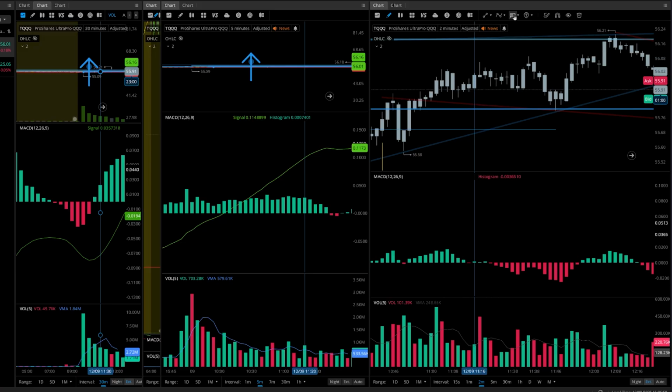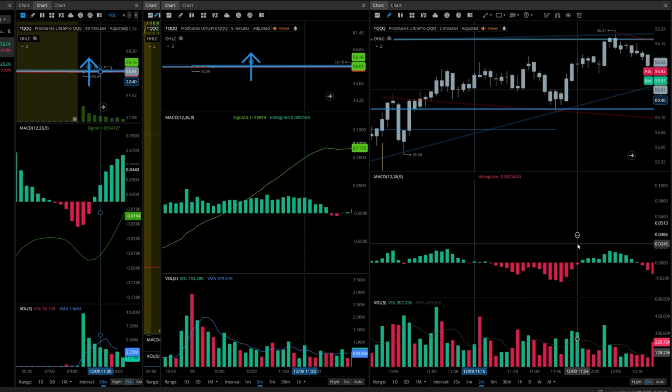You actually would have won a 1-to-1 here because look, your entry would be here at the close of the candle. You put your stop loss below that candle, and then you would target a 1-to-1 normally, and that almost hit right here on that very next candle, and it would have hit down here on this candle here if your stop loss didn't get triggered here.